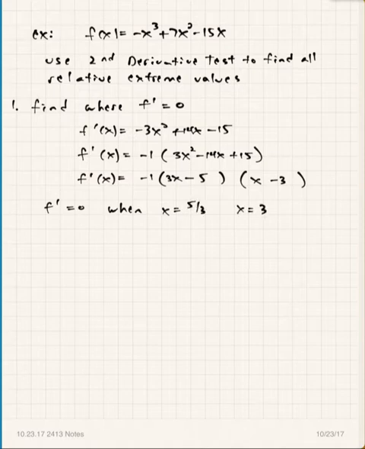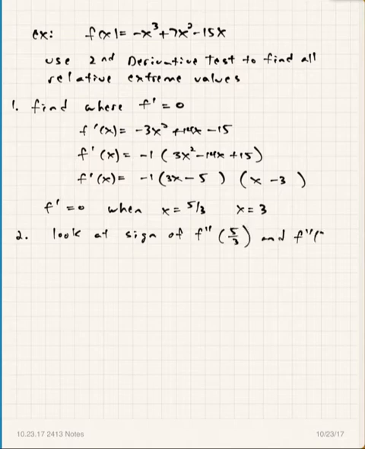The second step, look at the sign of f double prime at 5/3 and f double prime at 3. So find the second derivative and see whether the second derivative is positive or negative at places where the derivative is 0. So f double prime in our problem is going to be negative 6x plus 14.